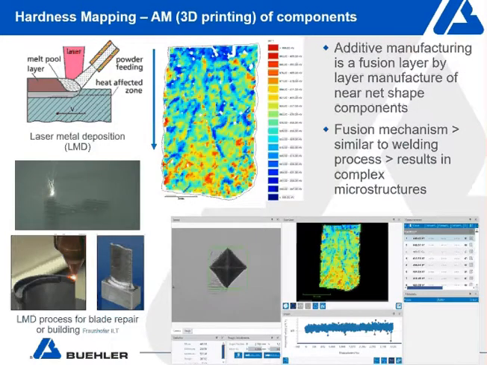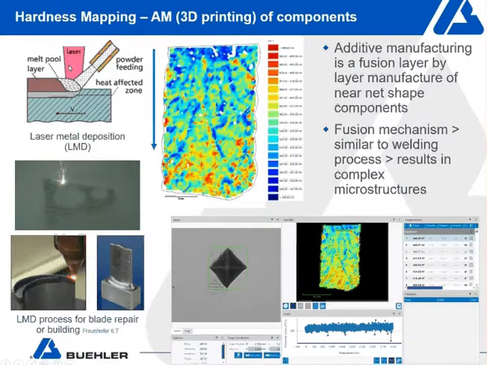Another thing that I was going to talk to you about on hardness mapping. In this case, we're looking at additive manufacturing components. An additive manufacturing component, where you're using laser metal deposition, for example, LMD, is akin to a welding technique where you've got your feedstock coming in. It can be any material, titanium, austenitic steels, or copper, depending on which material you're working with.